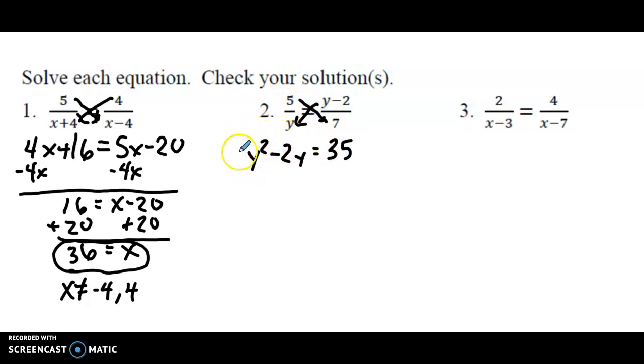I see a squared variable. Whenever you see a squared variable, the method to solve is factoring. So I'm going to move this 35 over to the left so that my equation will equal 0. The method here with no coefficient on y squared is product sum.